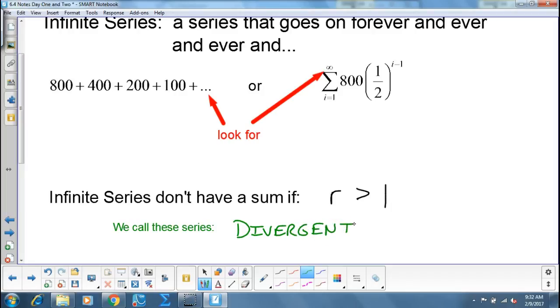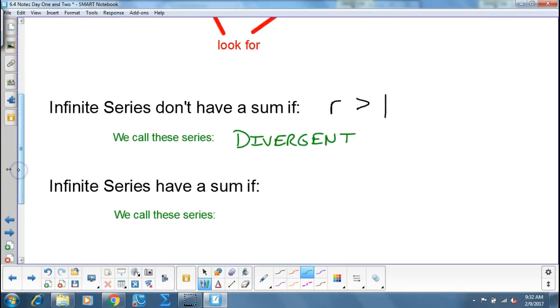Okay? Infinite series will have a sum that we can find if what? R value is less than 1. Greater than 0. Greater than 0 but less than 1. What do we call those?